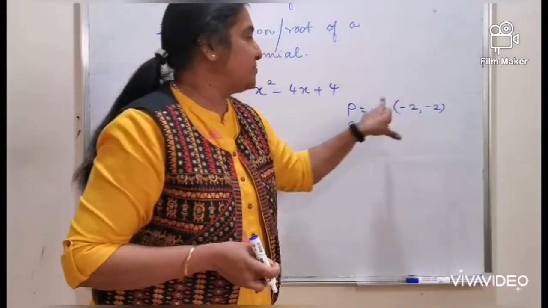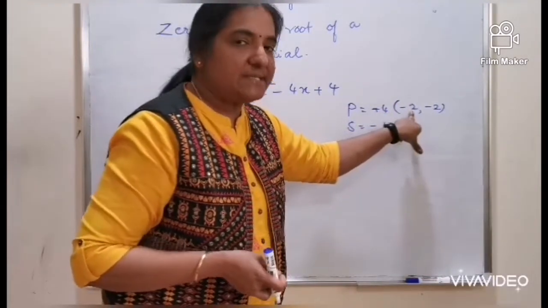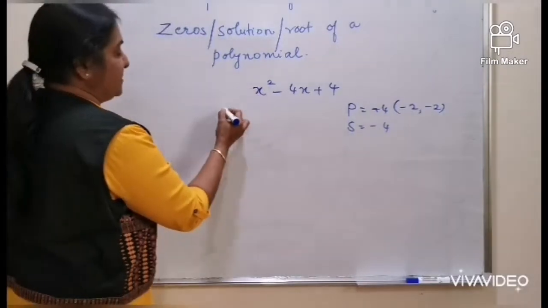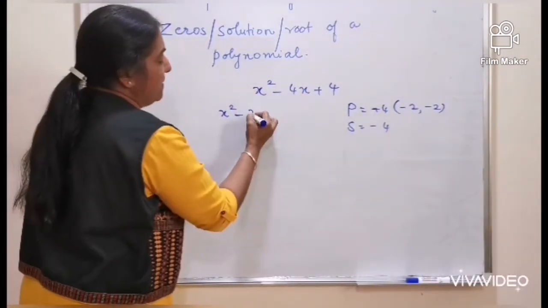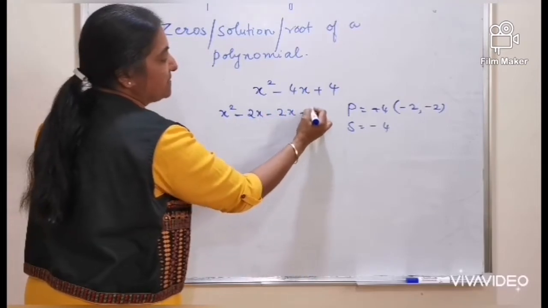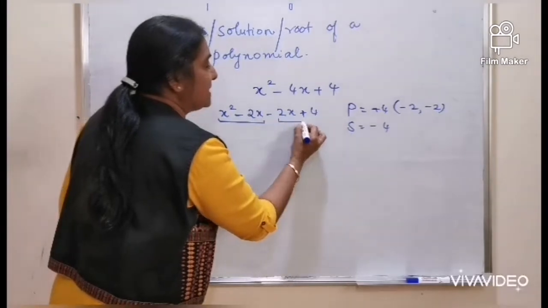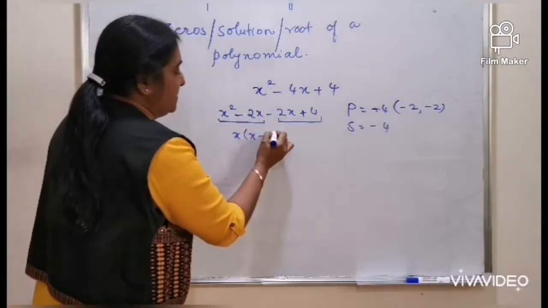Minus 2 into minus 2 gives you positive 4 and minus 2 plus minus 2 gives you minus 4. The factorization is x squared. We are splitting the middle term as minus 2x minus 2x plus 4. From the first two terms, common; next two terms, common. x into x minus 2.